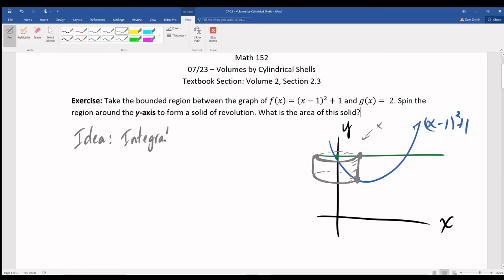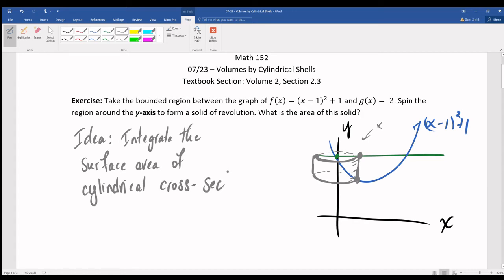Integrate the surface area of cylindrical cross sections from the starting x value, the innermost x value, to the final x value, which, if I recall correctly from our previous video, was located at x equals 2.